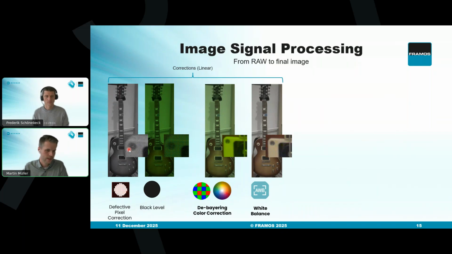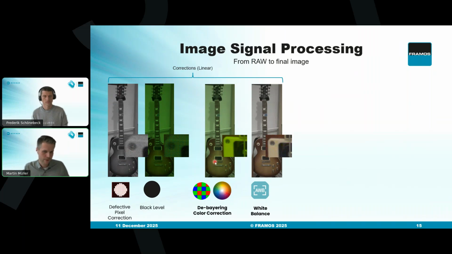Starting from defective pixel corrections from the Bayer image and black level, we apply some debayering algorithms and finally color corrections to compensate what I've shown before, these color filter responses like pollution of red and blue and so on. This is all subject to debayering and color correction.